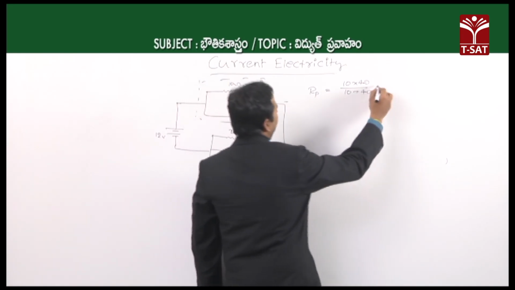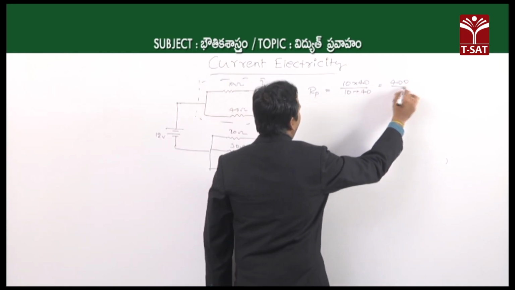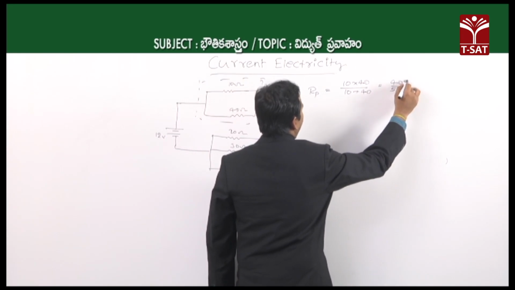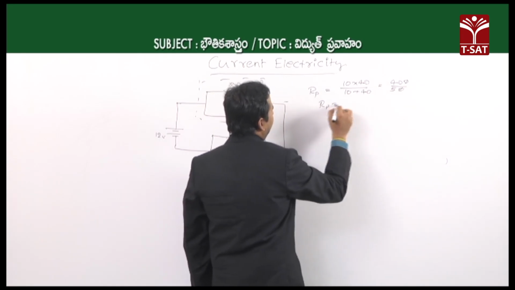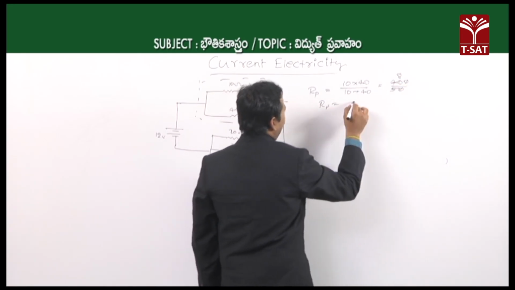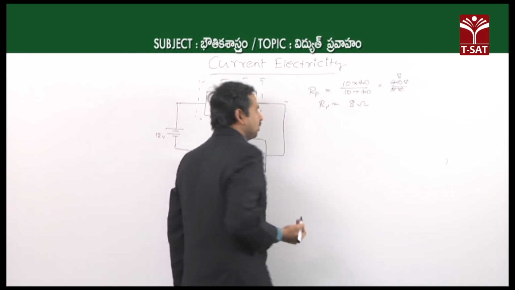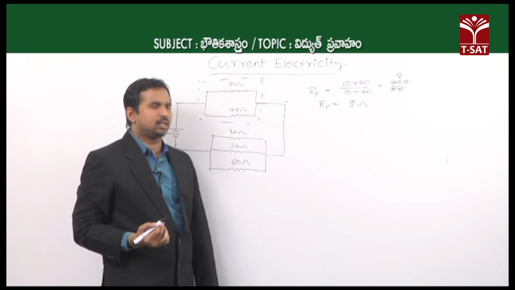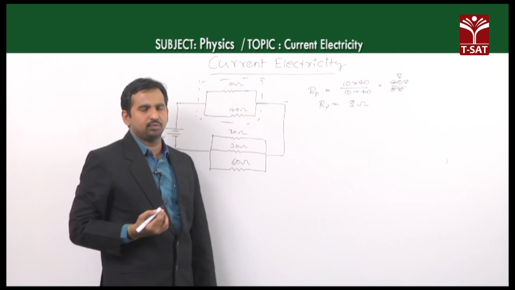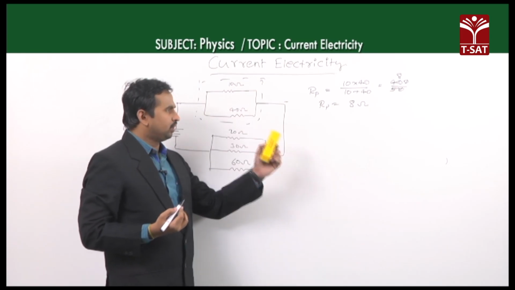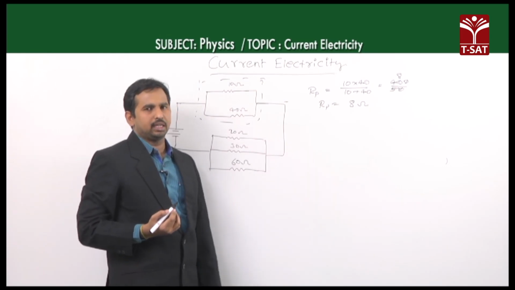Then you will get 400 by 50, so the Rp value we get is 8 ohms. This is the case for the first one, when 10 ohms and 40 ohms are both connected in parallel.